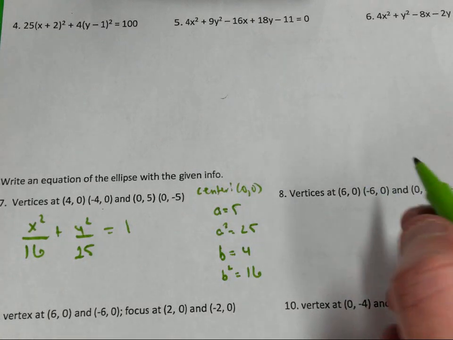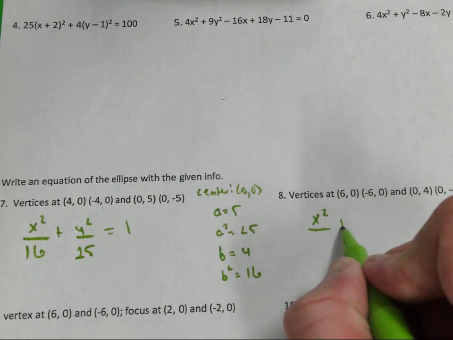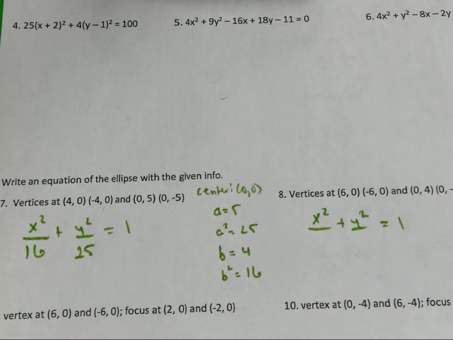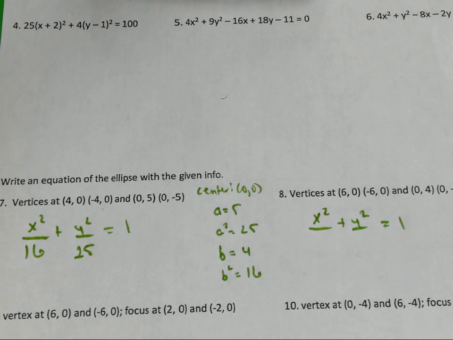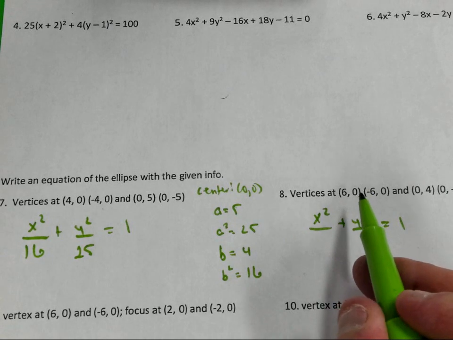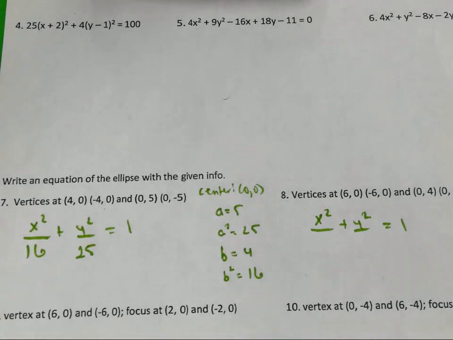Number 8. We already talked about the center being at 0, 0. Would this be a horizontal or vertical orientation? It's horizontal, because if I'm at the center, I've got 6 to the right and left, 4 up and down.